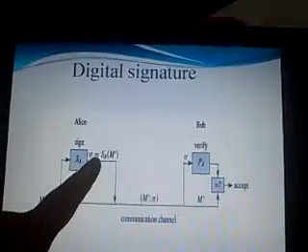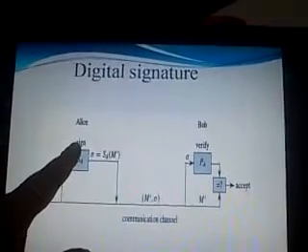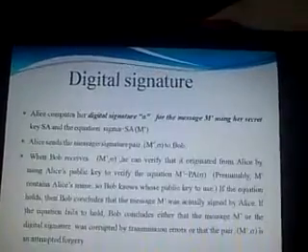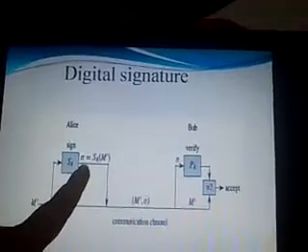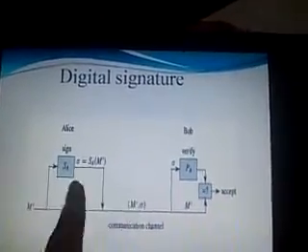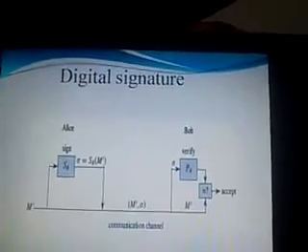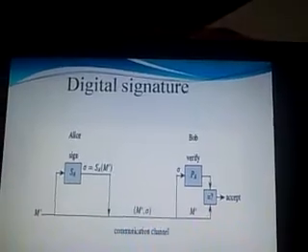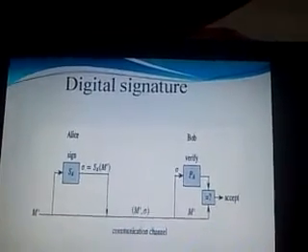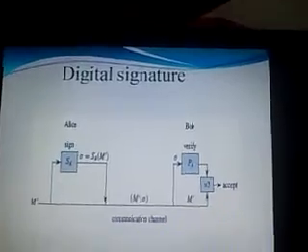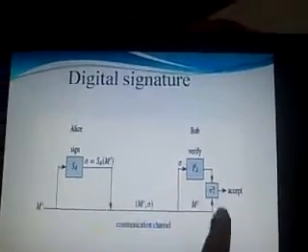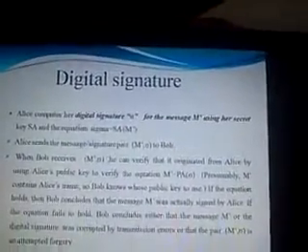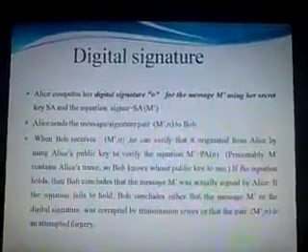Using that secret key and the message, we get a digital signature, and the message with the digital signature is sent to Bob, where Bob uses the digital signature and Alice's public key to verify it is from Alice, as explained here.